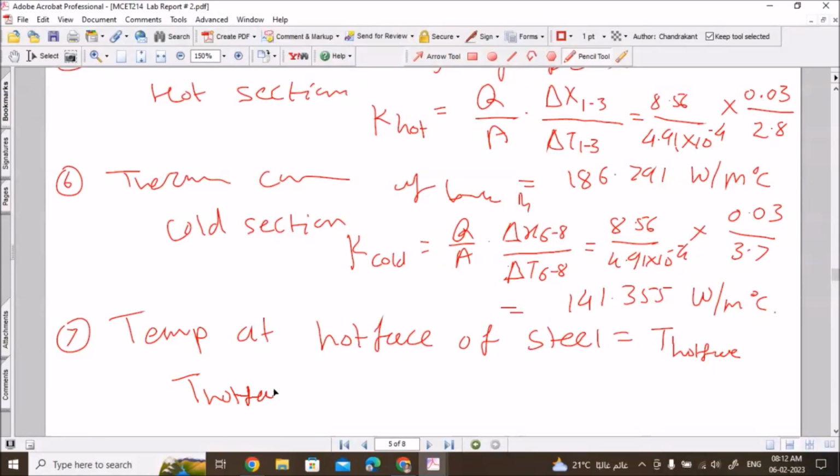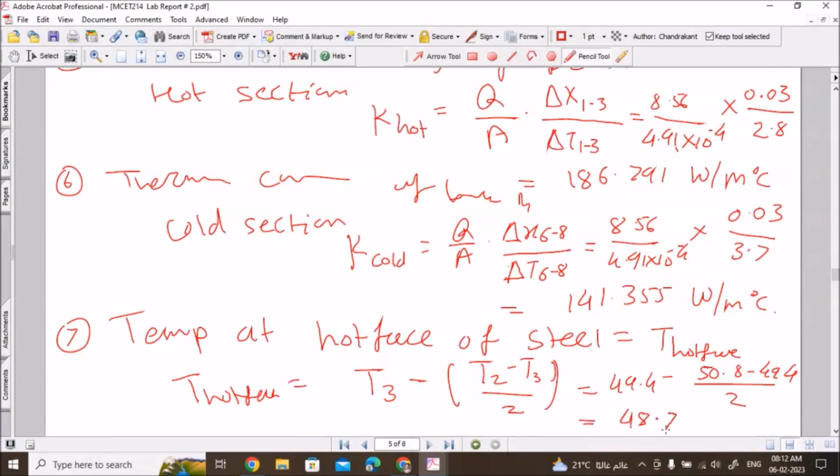T hot face is equal to T3 minus (T2 minus T3) by 2, which is 48.7 degrees centigrade.